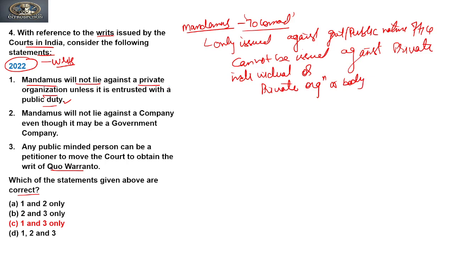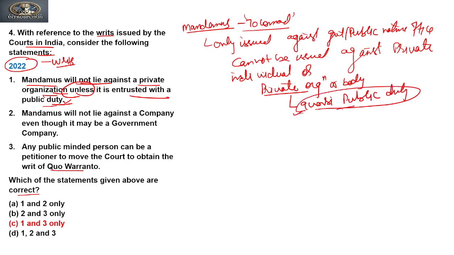or body. So the first is true: mandamus will not lie against a private organization unless it is entrusted with a public duty. If it is issued against a private organization, it means that the organization has a quasi-public office. A public duty has to be there. Unless any office or individual is entrusted with a public duty, mandamus cannot be issued against it.